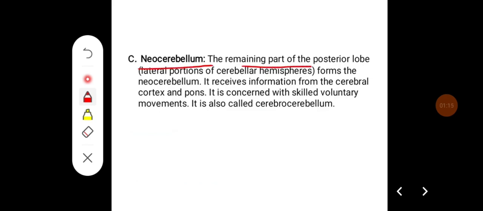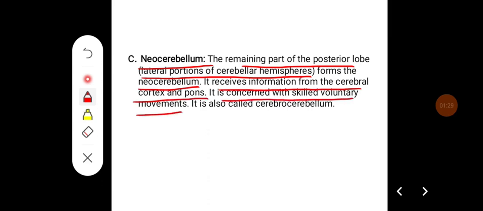Neocerebellum: the remaining part of the posterior lobe, that is lateral portions of the cerebellar hemisphere, forms the neocerebellum, and it receives information from cerebral cortex and pons, and it is concerned with skilled voluntary movements, and it is also called the cerebrocerebellum.